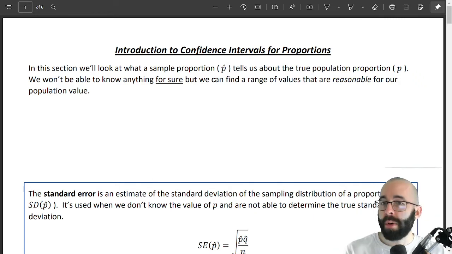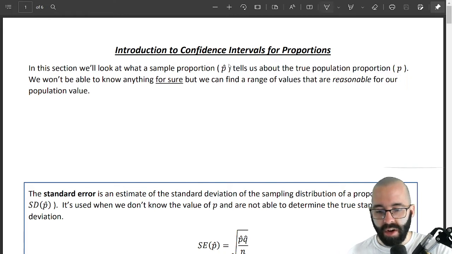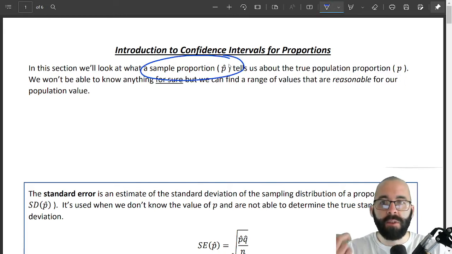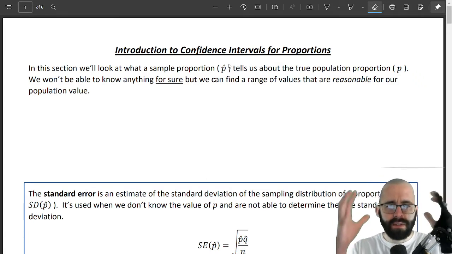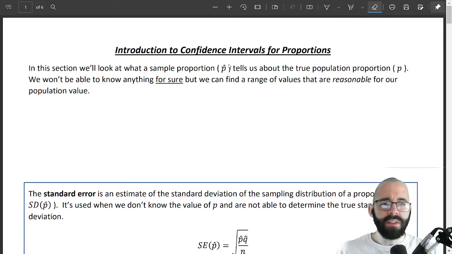The sample proportion, which we often call p hat, this sample proportion is a random variable. Okay, it's random. We don't know what it is. Every time we take a sample, p hat is going to be different. Now, it's usually going to be pretty similar, right? As long as our sample size is big enough, this p hat, this sample proportion, should be pretty close to the true population parameter, our proportion of p.